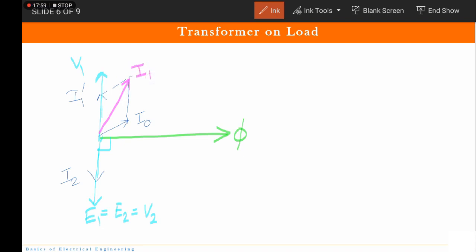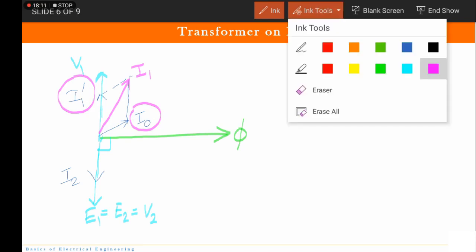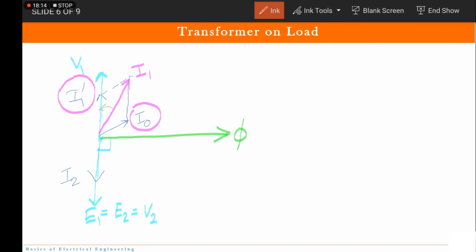So basically I1 is the resultant of I0 and I1 dash. This is our phase angle phi 1, and here phi 2 is 0. Why is it 0? Because a resistive load is connected. So this is how the phasor diagram is drawn.